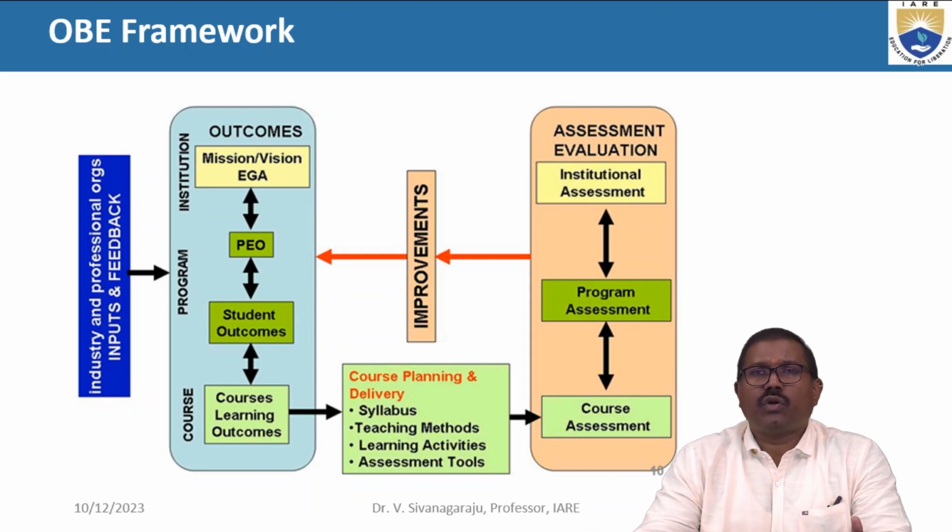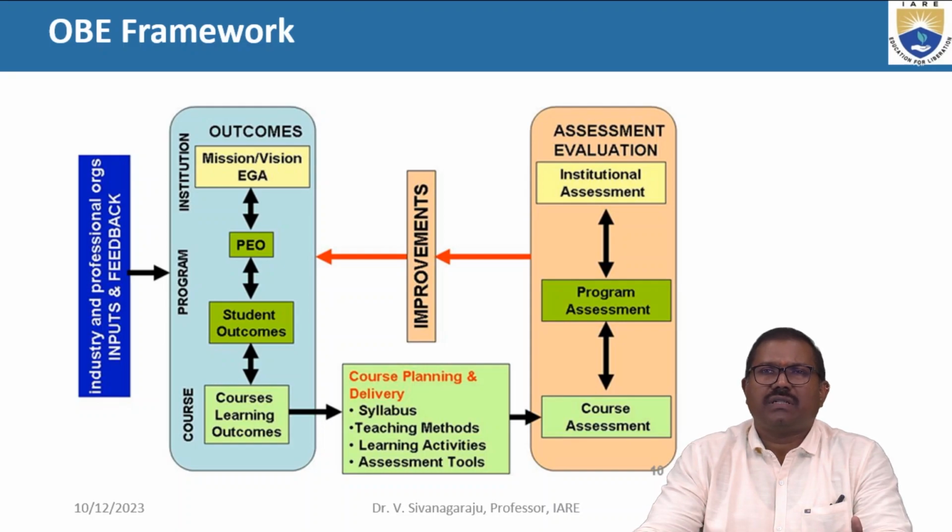Every program has different courses, so we assess every course, finally go to the program assessment, and after that the institutional assessment. Here we are seeing the improvements and again we come back to the program. So this is a cyclic operation.